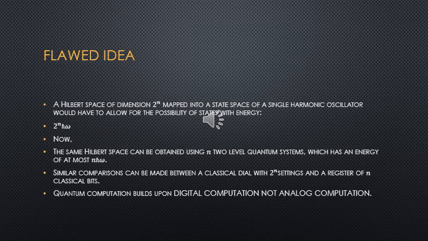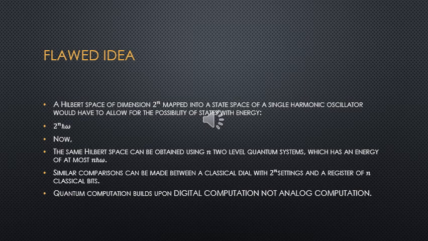Let us understand why using a simple harmonic oscillator as a quantum computer is actually a flawed idea. A Hilbert space of dimension 2 to the power n is mapped into a state space of a single harmonic oscillator, and it would have to allow for the possibility of states with energy 2 to the power n h cross omega.